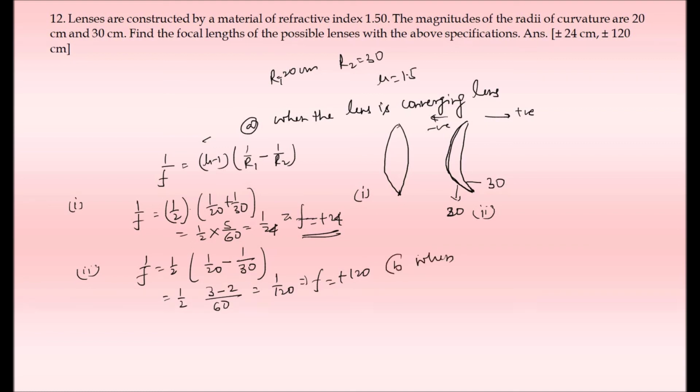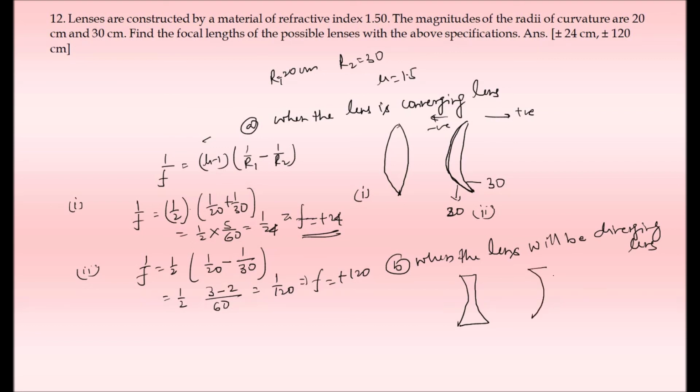So second, part B, is when the lens will be a diverging lens. For diverging lens, we have two situations. First is this one, and second one is when the lens will be a convexo-concave lens.